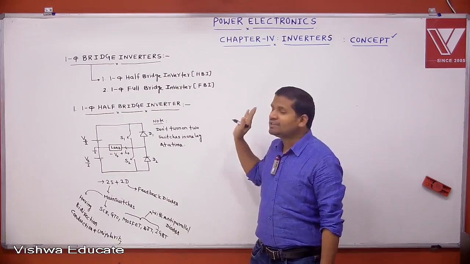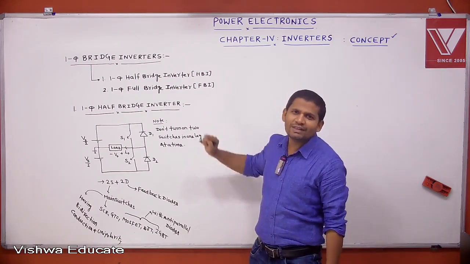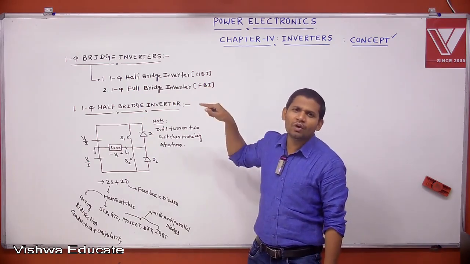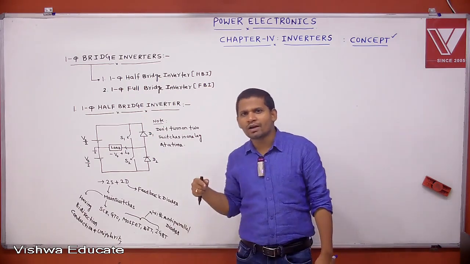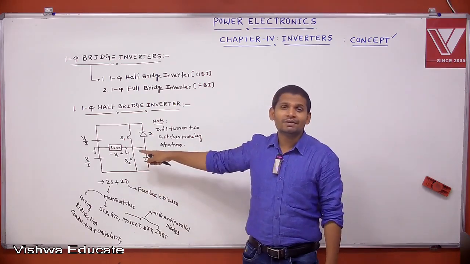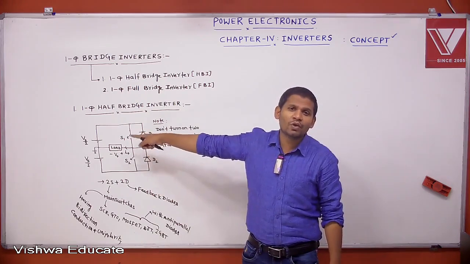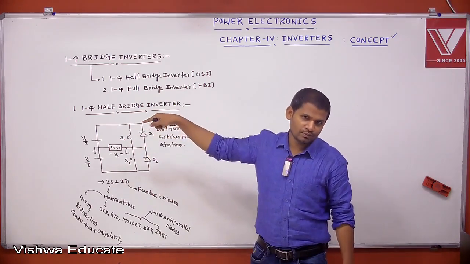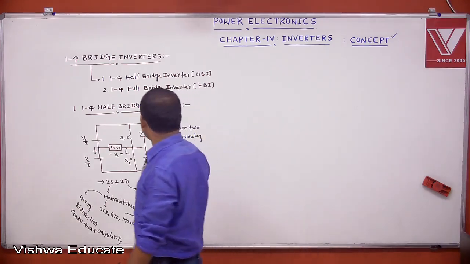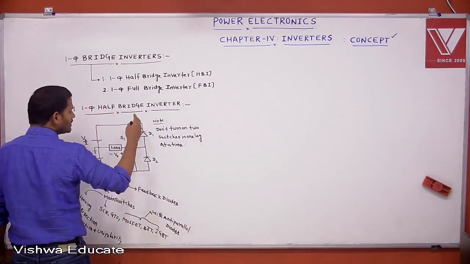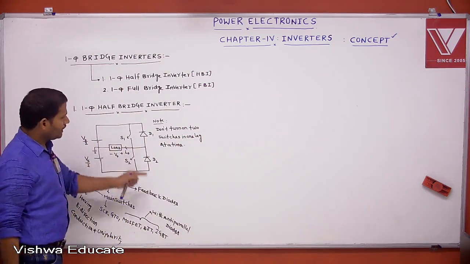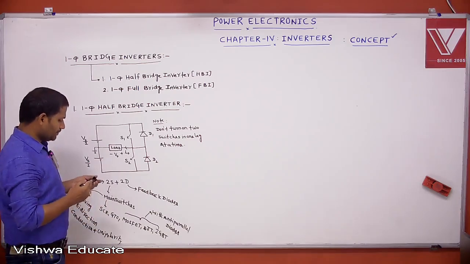The diodes which supply the current within the load only, with no current to the source, are called freewheeling diodes. Freewheeling diode is different and feedback diodes are different. Here these diodes are feedback diodes. Okay. Clear?